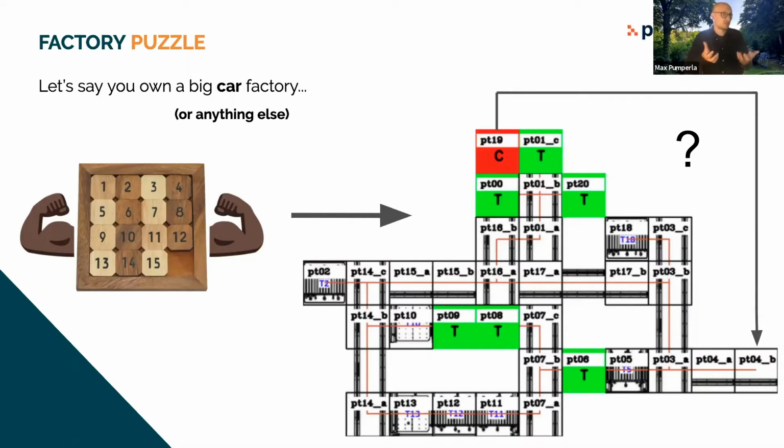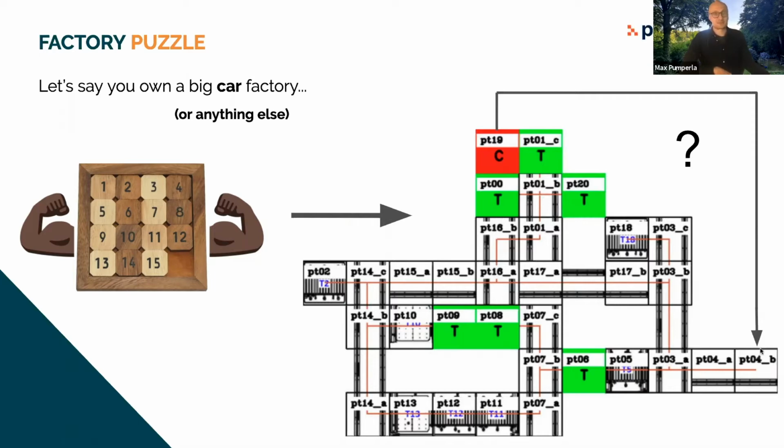But let's just assume we have cars that we manufacture. One question you might have is, how do I move objects in my factory efficiently from A to B? For instance, in the picture to the right, how does the red car at point 19 up here get to 4B?